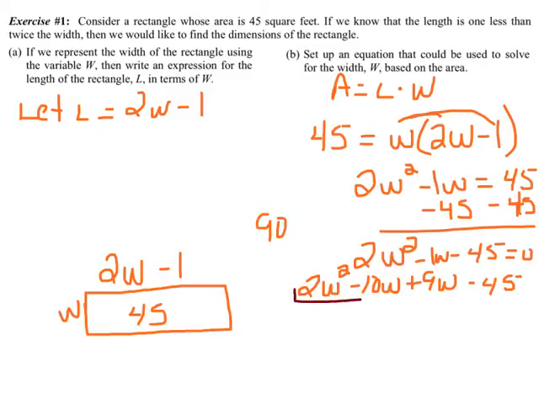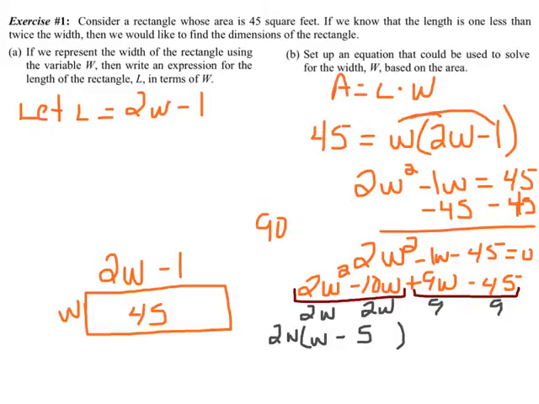Remember, pull the GCF, pull the GCF. The GCF of the front guy is going to give me 2W. 2W out front. What's left? W minus 5. Pull the GCF of the back guy, which is going to give me 9.